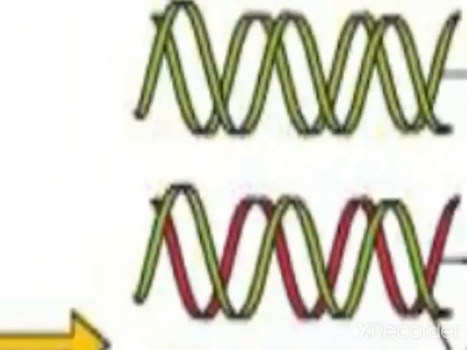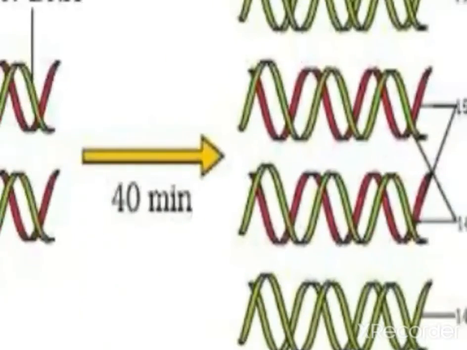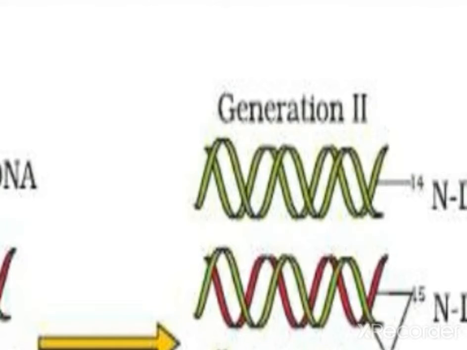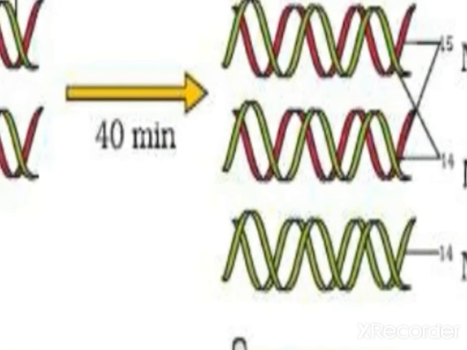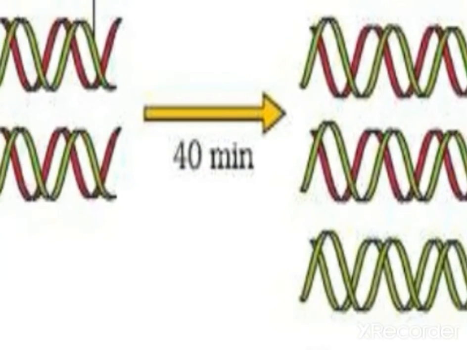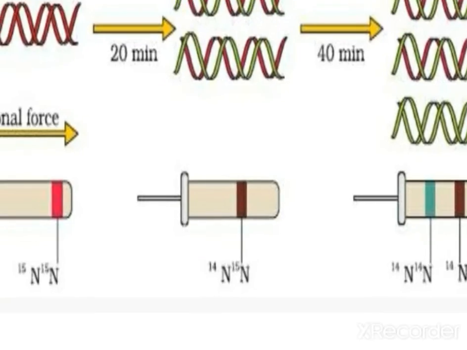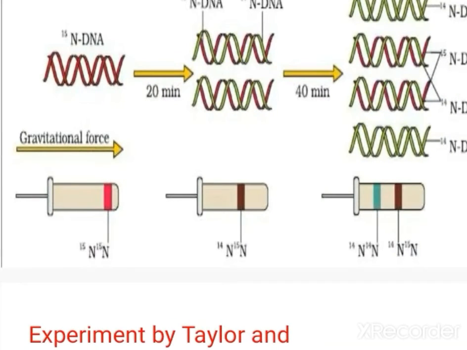So here both are N14 strands, and here one is N14 and one is N15. Among these two, one has come here and the other has gone there, so they show moderate weight and light weight, as they have both types of DNA. Then finally it was concluded.